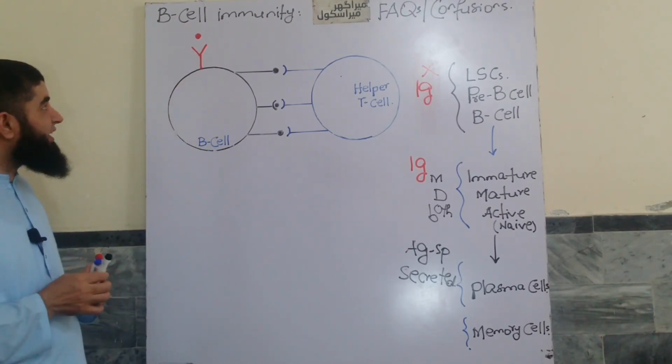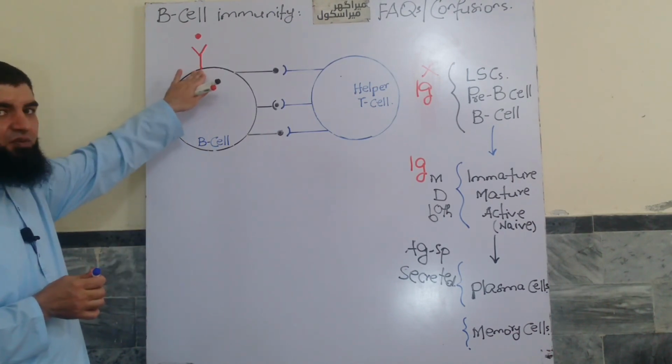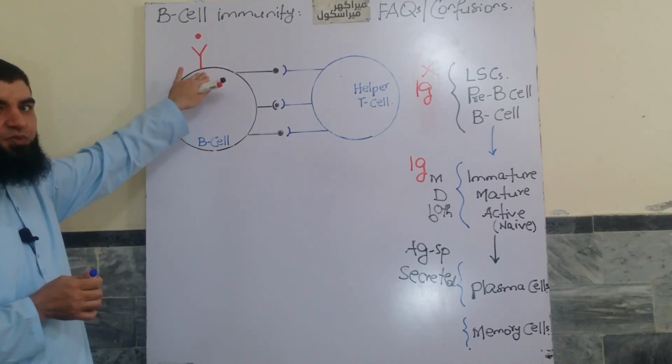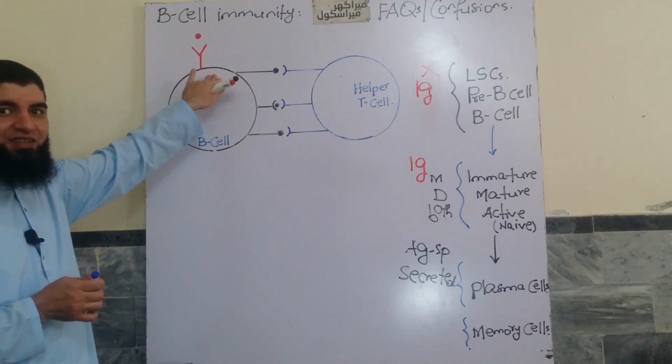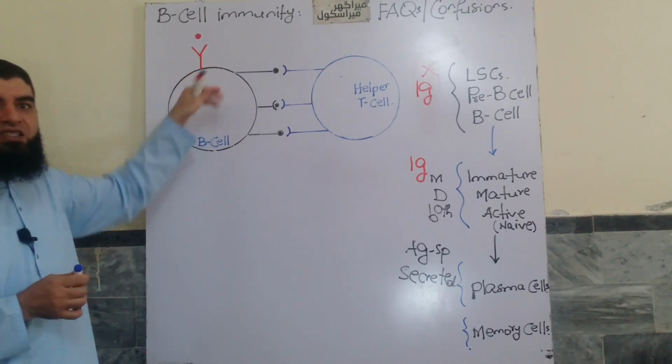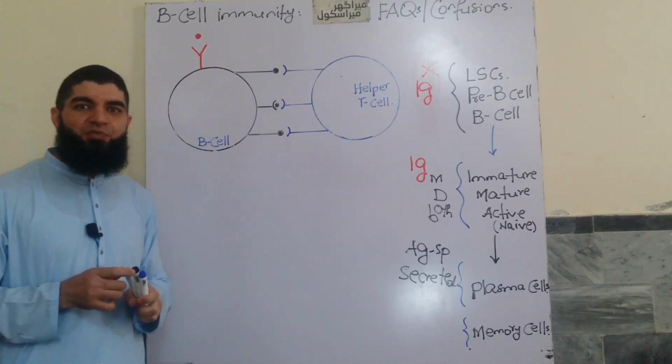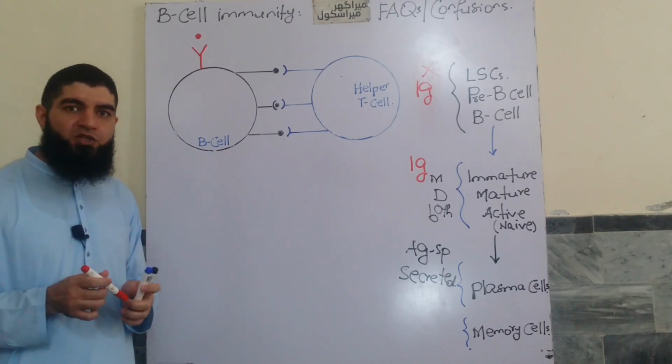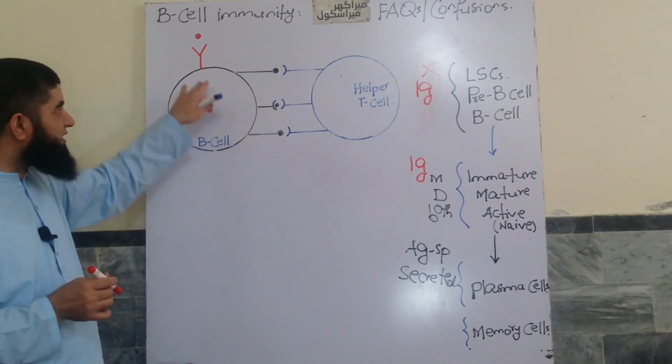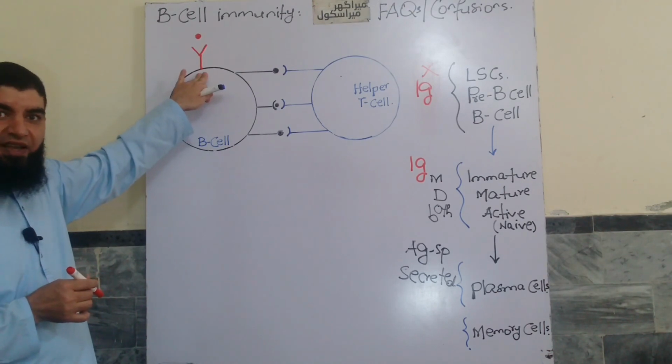So in any such case, immunoglobulin M or D are both expressed on their surface, embedded under their cell membrane, and whenever there is an encounter with that specific antigen against which they show specific reactivity, that causes some activation.